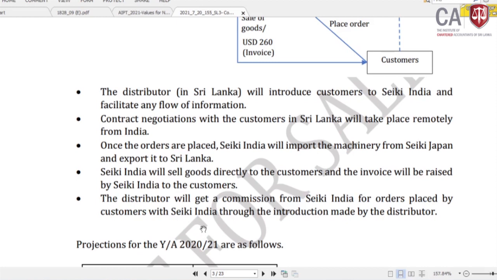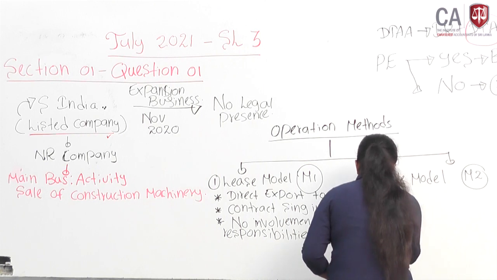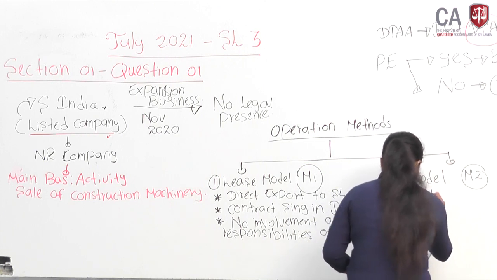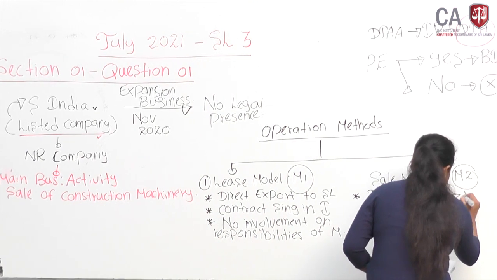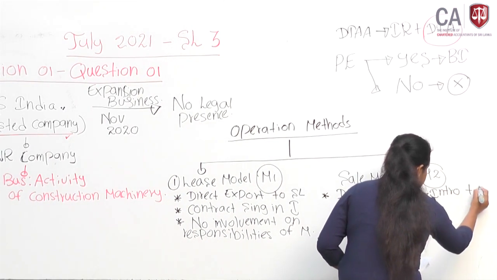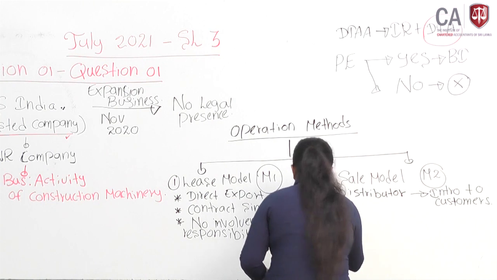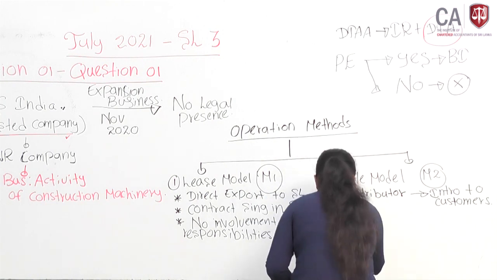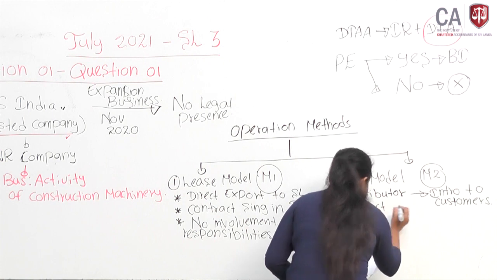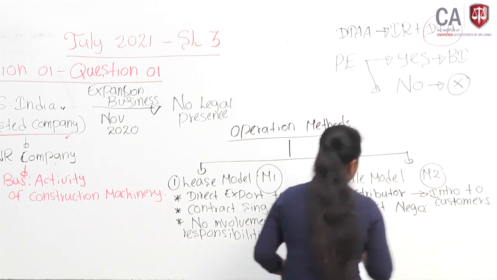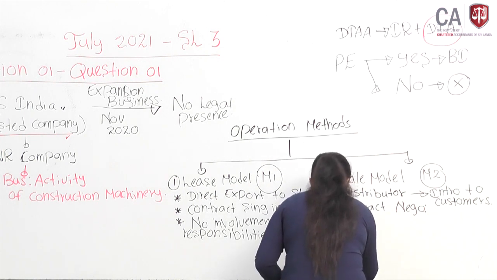Now, this is the second model, which is the sale of the machinery. This is the lease model, the operating lease, and this is the sale model, selling of the machinery. What are the special features of this? There is a distributor only doing the introduction to customers, by telling them that there is this kind of machinery. And second, the contract negotiations will be conducted in India.